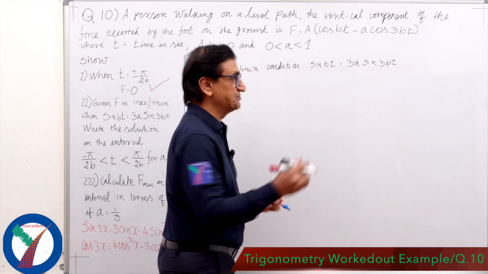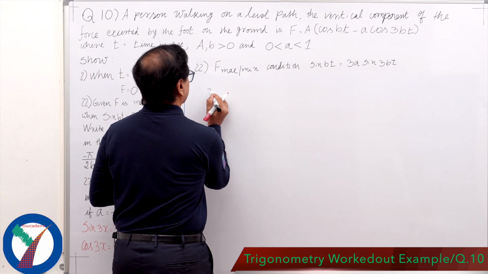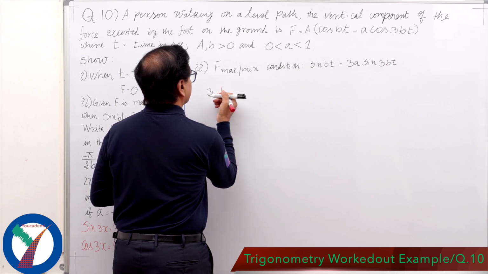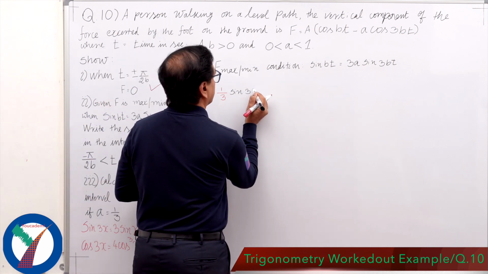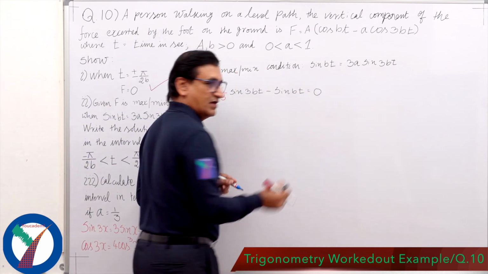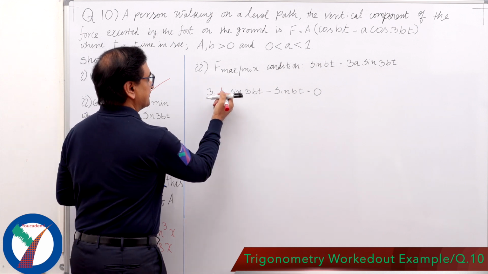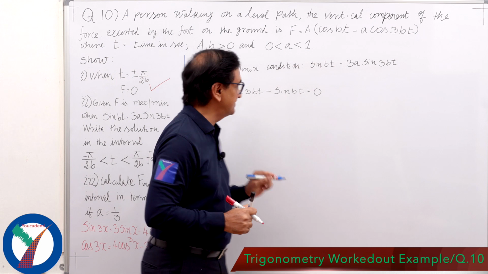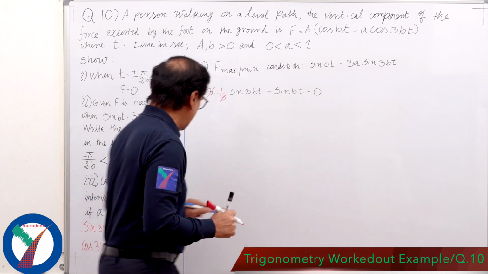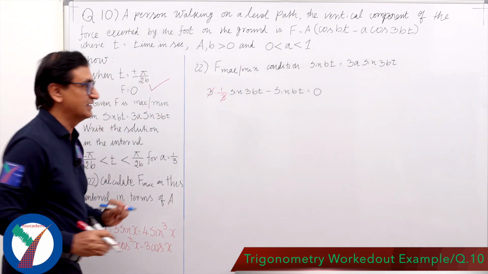Let me rewrite this equation. I am replacing a with 1 divided by 3. Okay, 3 and 3 get cancelled. So you are left with only sin 3bt minus sin bt equals 0. And I am going to use the sin 3x formula.